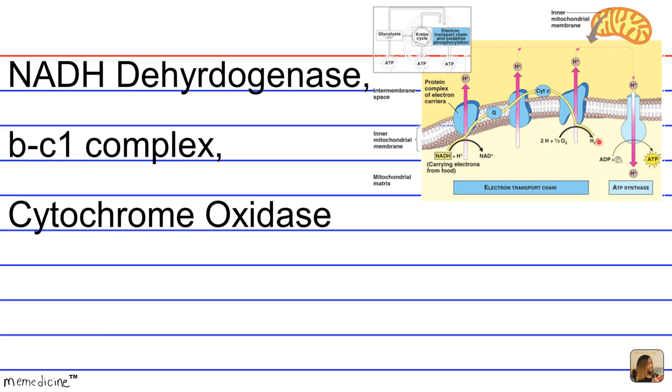And in the process, it binds 4 protons. Okay. So this would have to be doubled again to show the binding of 4 protons from the inner aqueous phase to make water, okay? And in addition, it translocates 4 protons.